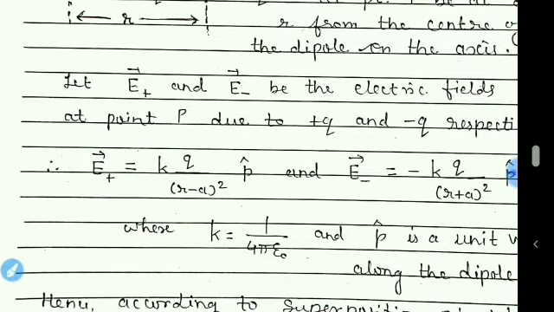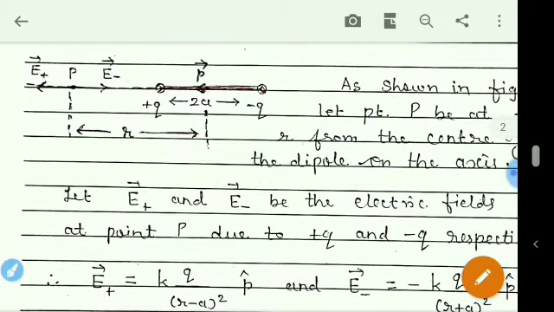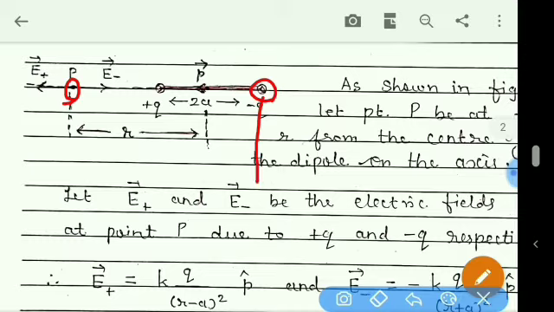Similarly, the electric field at point P is due to the negative charge also, but here the distance of this charge from point P is r plus this much distance, and this distance is a. So the distance of the negative charge will be r plus a.